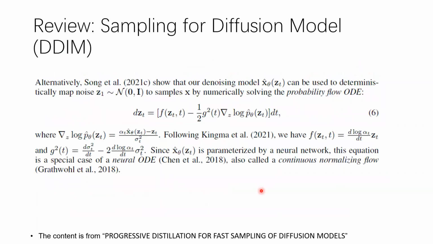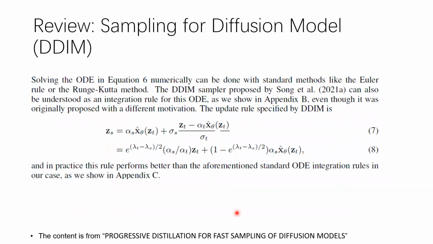Later work showed that the denoising model can be used to deterministically map noise to a sample x by numerically solving the probability flow ODE like this. Following this idea, the update rule specified by this sampler is written in this way.